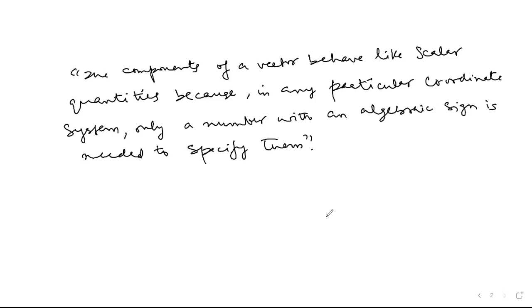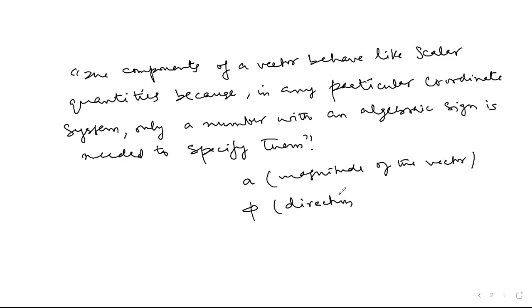Now, instead of two numbers, that is A, which represents the magnitude of the vector, and phi, another number, which represents the direction of the vector related to the x-axis, we now have the two numbers ax and ay, right?